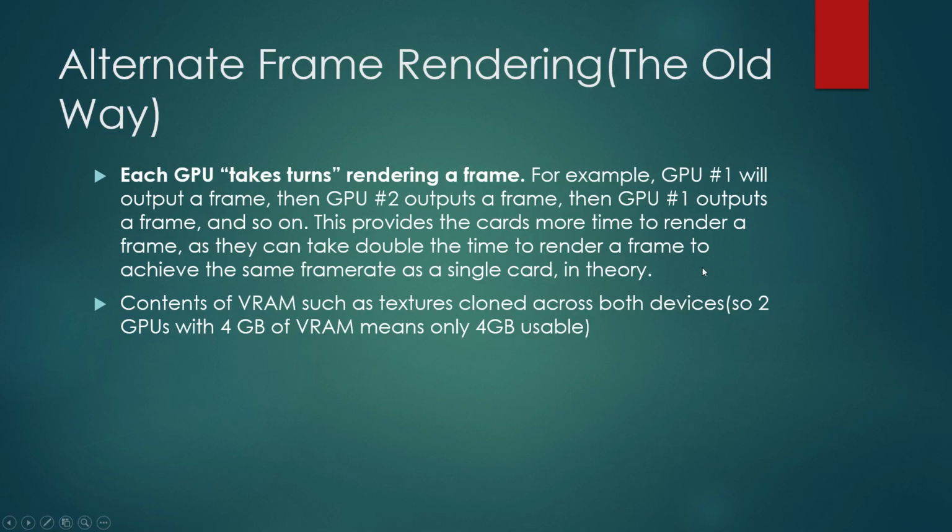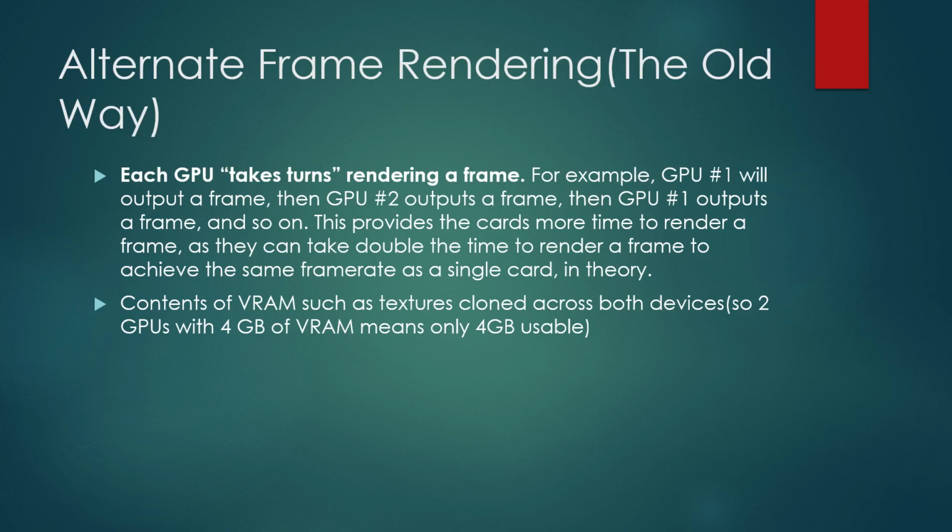Now I can explain the old way that games have generally utilized multiple video cards, and that is a method called alternate frame rendering. Basically how it works is every video card that you have takes turns rendering a frame. So for example, the first video card will output a frame, the second one outputs a frame, and then the first one outputs a frame.